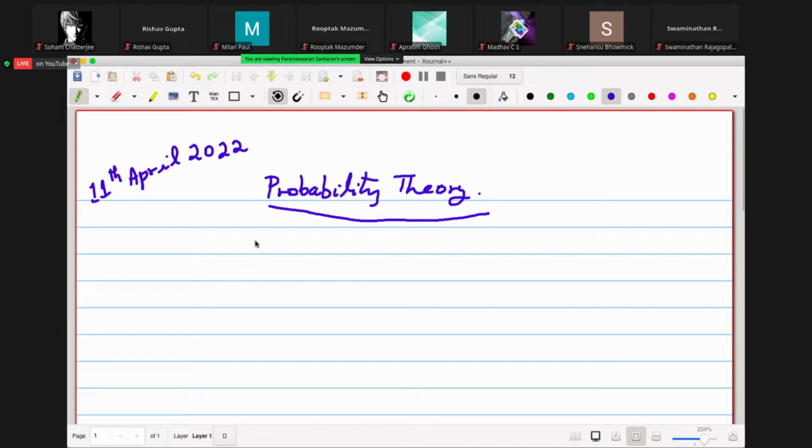Today I will start on continuous random variables, but before that, I noted that there was some minor mathematical grammar error while I was writing something down. Just want to point it out.